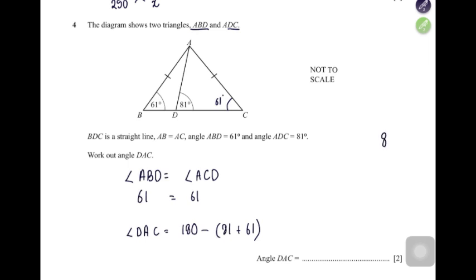So let's try to add this. 81 plus 61 is going to be 142. This gives 38 degrees.